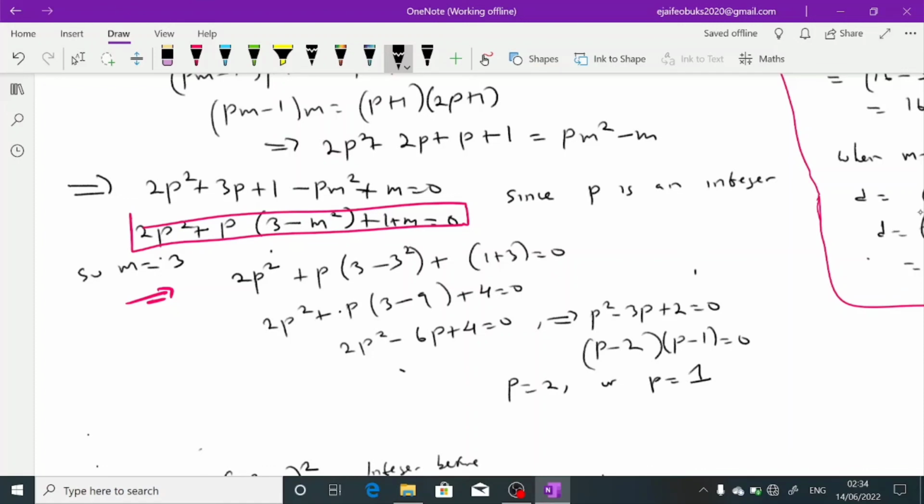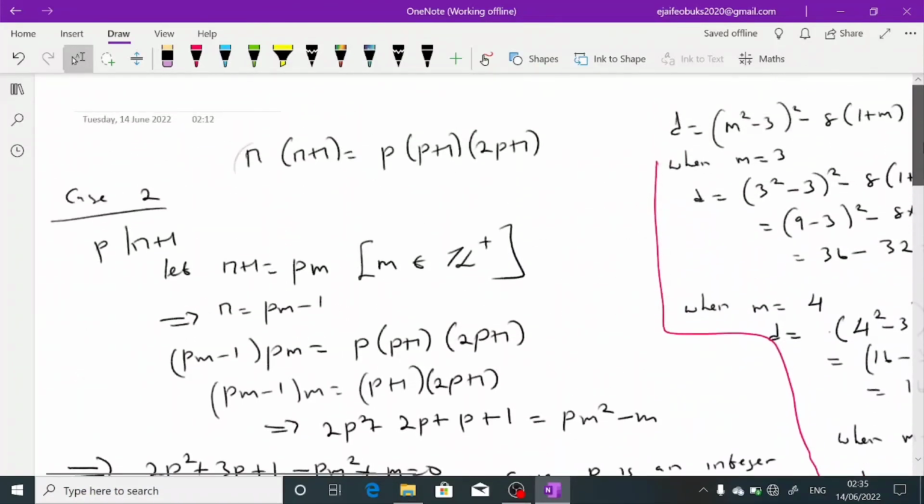But since p is prime, p is equal to 2. And we said we also want to come back here. We know this part in blue, n is pm minus 1.